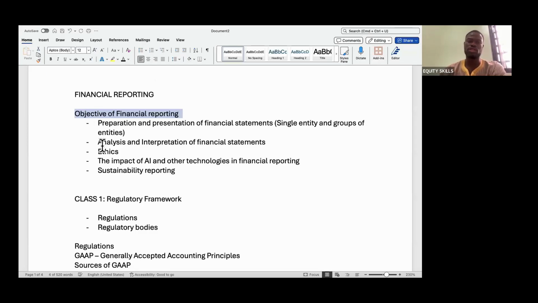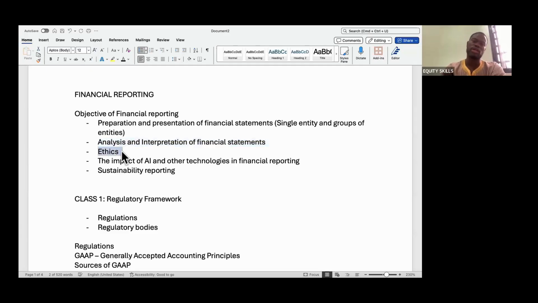Also, we would move on to analysis and interpretation of financial statements, where we would use ratios to analyze and interpret financial statements. We would also deep dive into earnings per share under IAS 33, all in the bit of analysis and interpretation.